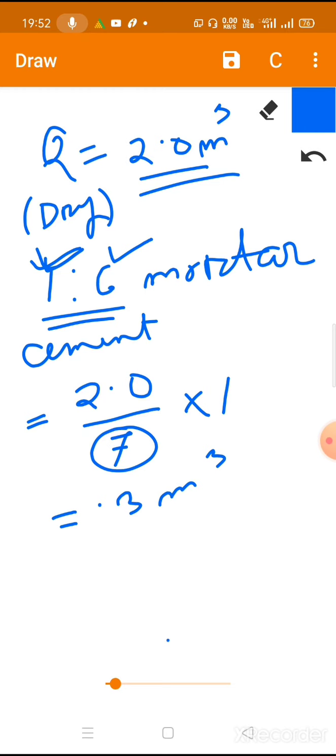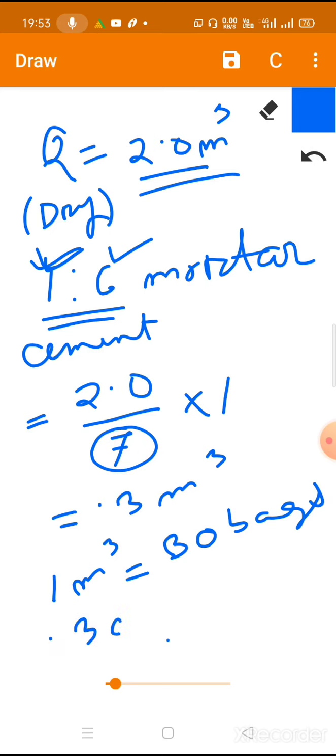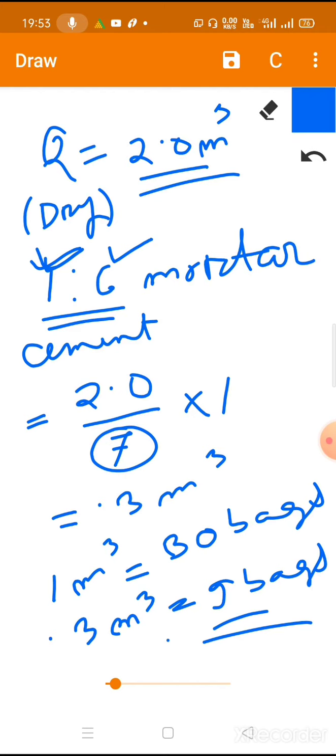Now as we all know, 1 meter cube of cement is equivalent to 30 bags of cement, isn't it? So 0.3 meter cube is equal to 9 bags of cement. So for this particular work we need 9 bags of cement.